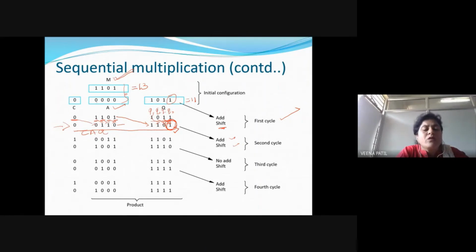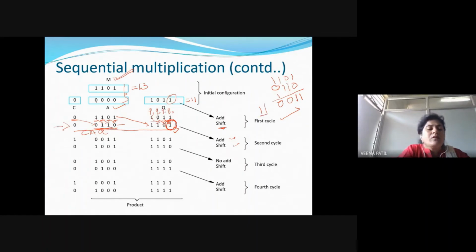So what is the value of A now? The value of A is 0110, whereas M still remains the same, that is 1101. So this will be added. So once you add, you are going to get 1, 1. So 1 plus 1 is 2, which is represented as 10. 1 plus 1 is 2, which is represented as 10.